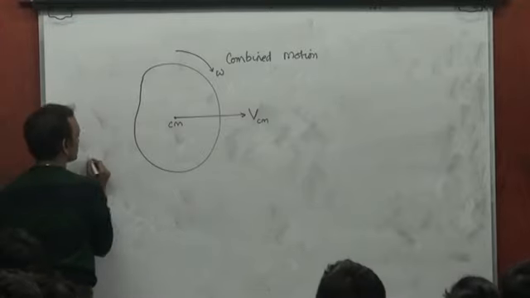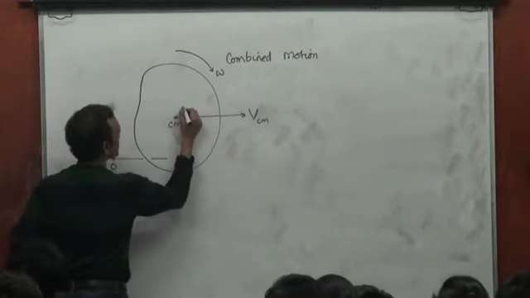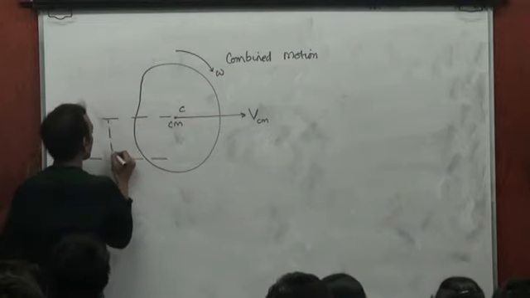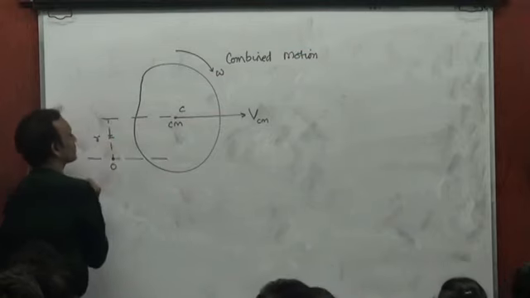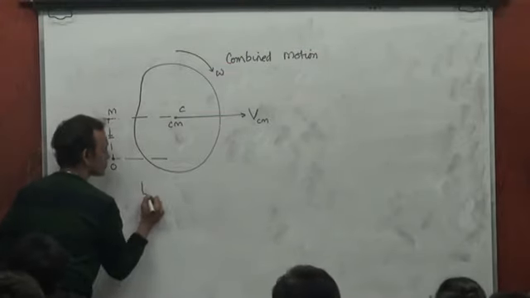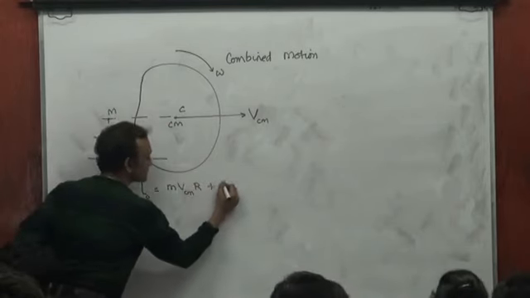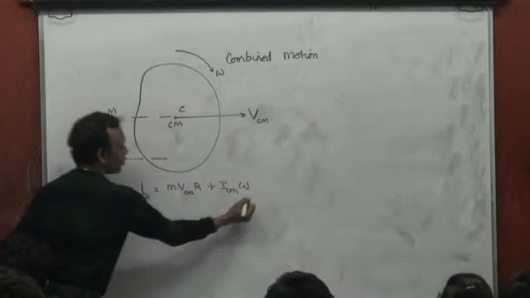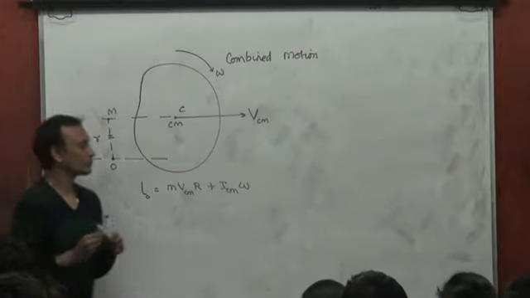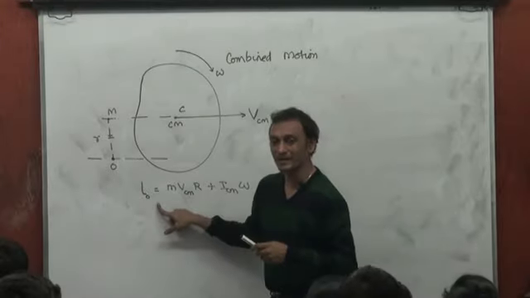Angular momentum about a certain point O. Let's say this is the center of mass. This distance is smaller, right? What's the angular momentum about O? M VCM into R plus ICM omega. That's the angular momentum about O.